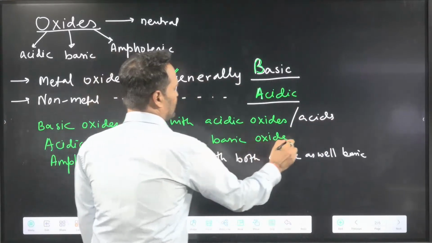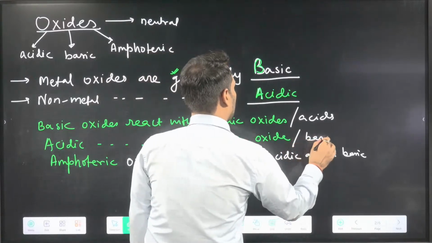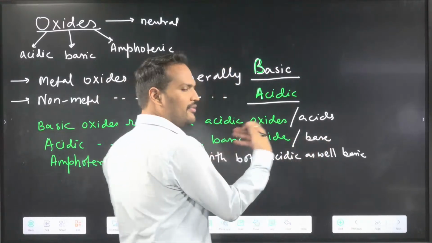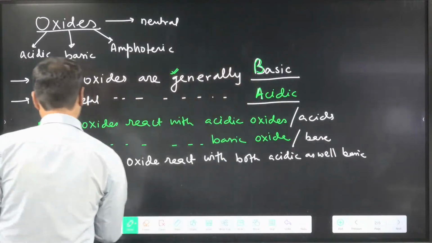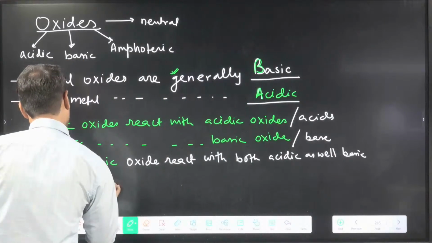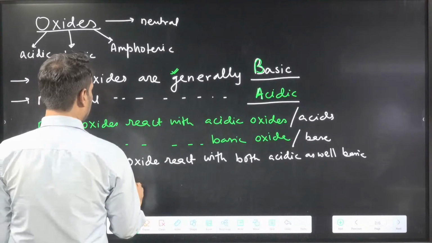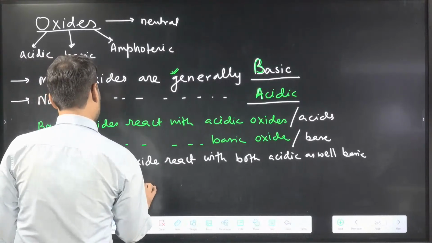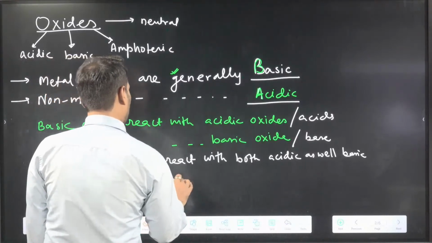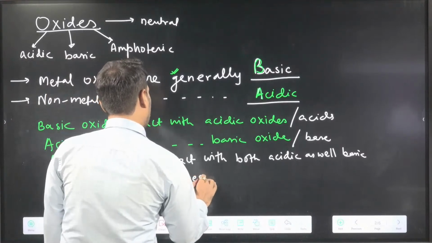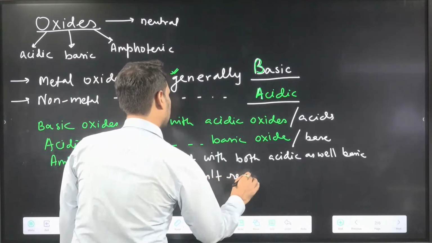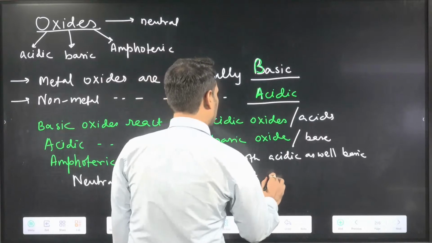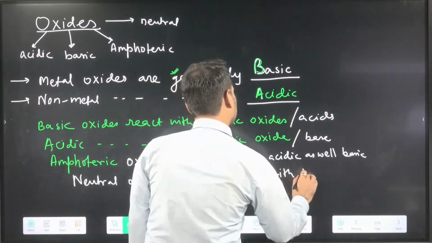Acidic oxide reacts with basic oxides, or you can say bases. Amphoteric can react with acid as well as base. Neutral oxide does not react with both.